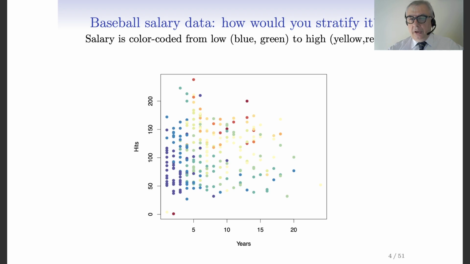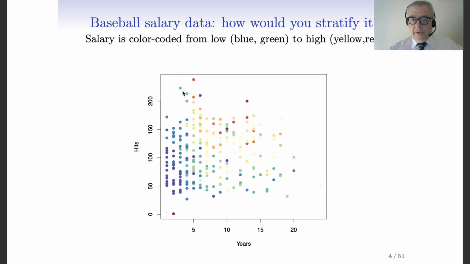Below 100 hits, you have a medium-low wage, and over 100 hits, you get the high salaries. So this is the interpretation that we could give just looking at the data.